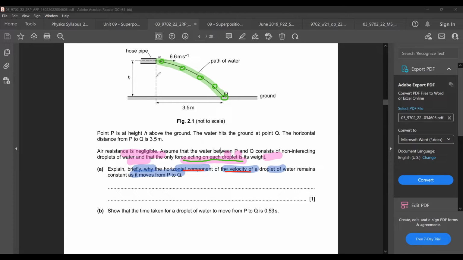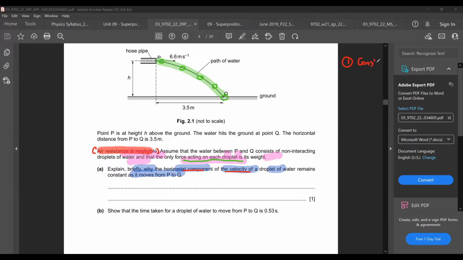Usually when you have anything that moves in a curve like this, you are supposed to analyze the motion in two components, horizontally and vertically. This is the main thing that you will have learned in kinematics. Now, one important thing to know here is this. They tell you air resistance is negligible. A lot of times, the moment you see this, you can actually make one conclusion already.